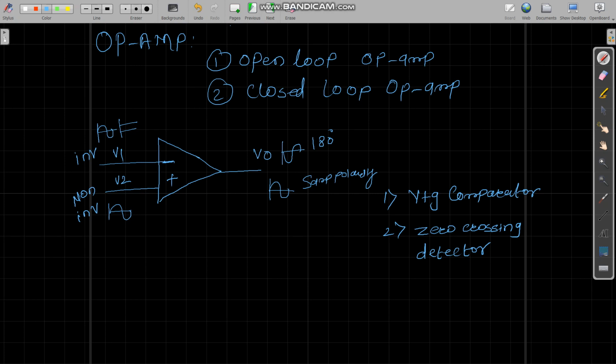So now we can have this op amp either in an open loop or a closed loop. So what do we mean by open loop and what do we mean by closed loop of an op amp, and what are their applications, that we have to see. Now the very simplest way to use your op amp is the open loop mode. That means you apply the signals V1 and V2 at the inverting and non-inverting terminals, and we know that the gain of the op amp is infinite.